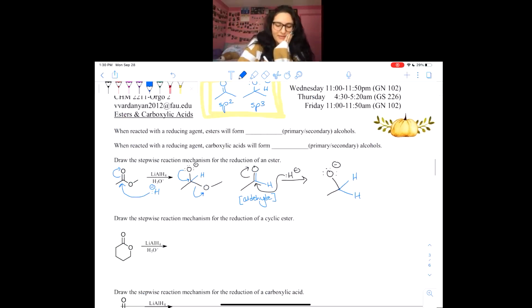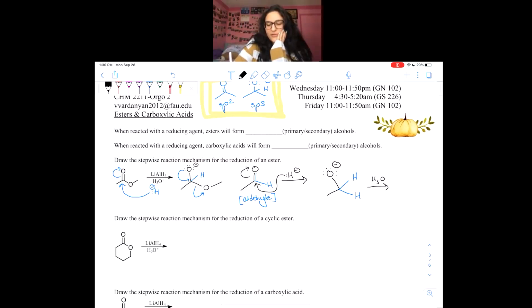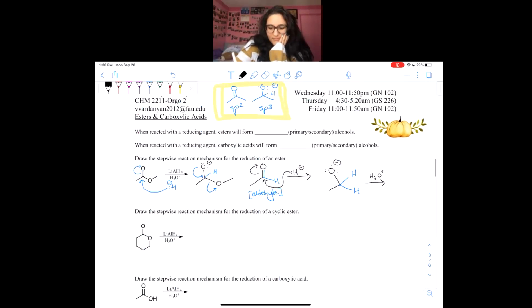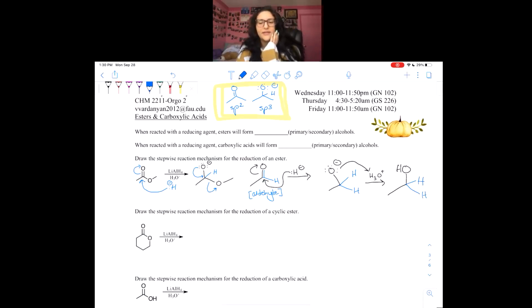So now at this point, we're finally going to use our H3O plus to do what? Protonate the oxygen. Awesome. So we form an alcohol. Is it primary, secondary, or tertiary?